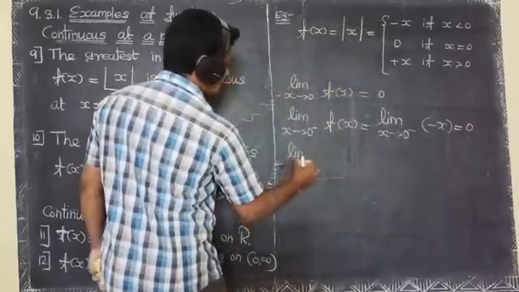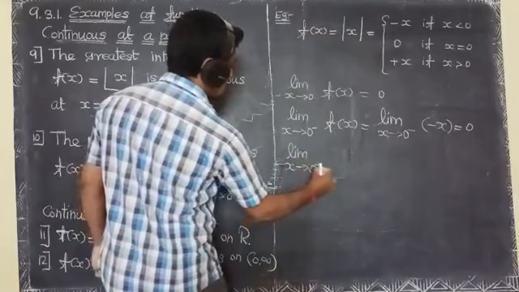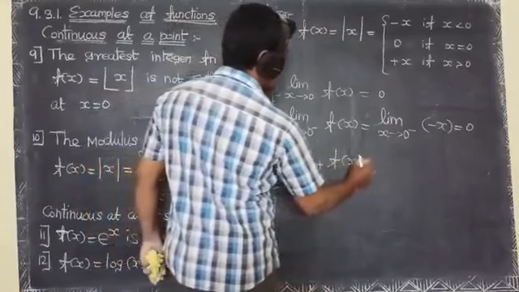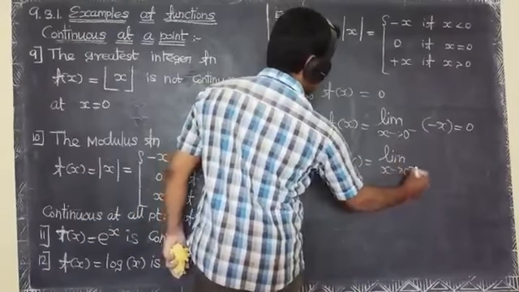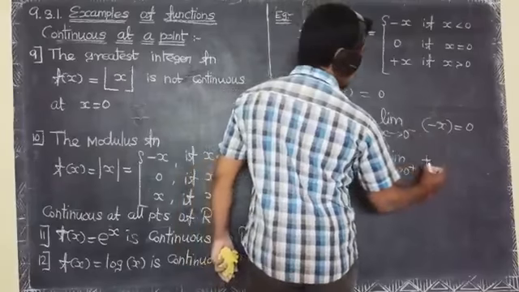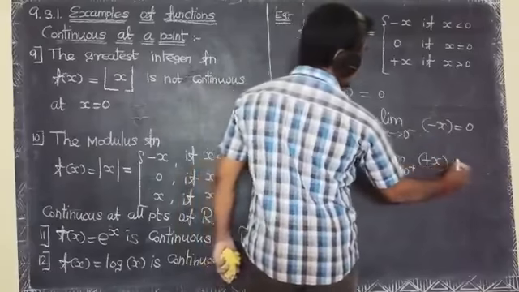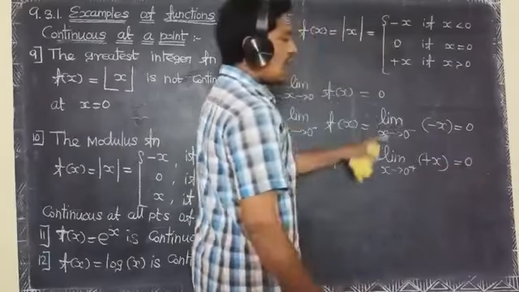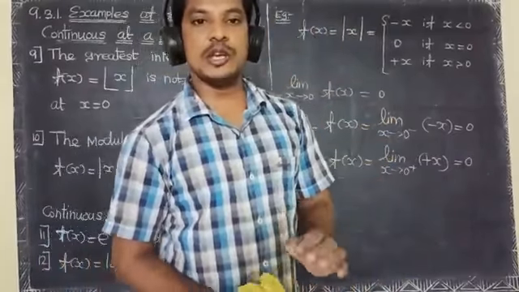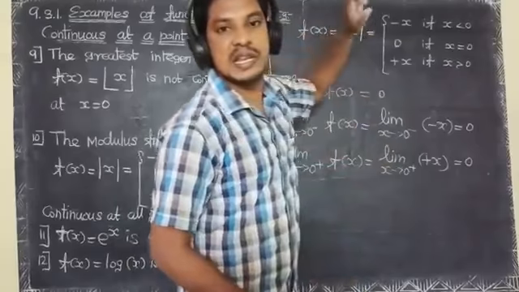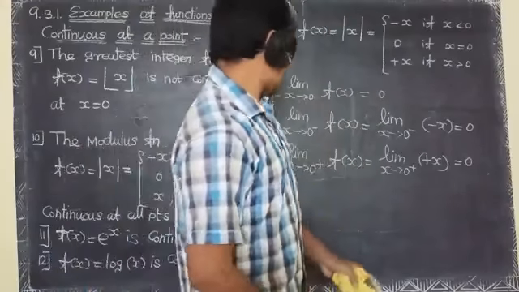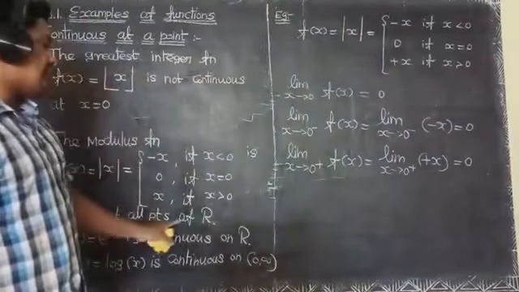Limit x approaches 0 plus f of x, we choose the function positive x, replace x equal to 0, and finally we get 0. All are the same value, a unique real number. Therefore the modulus function is continuous at all points.